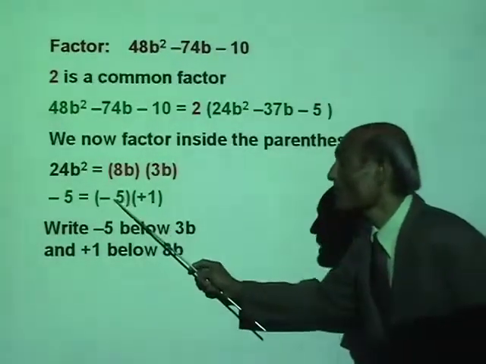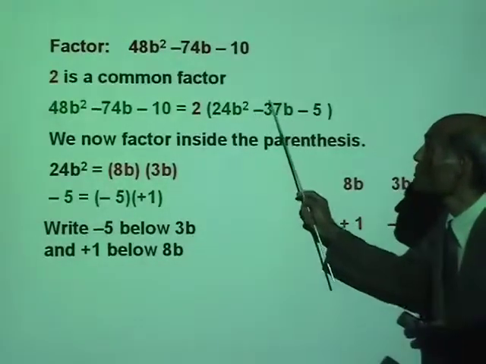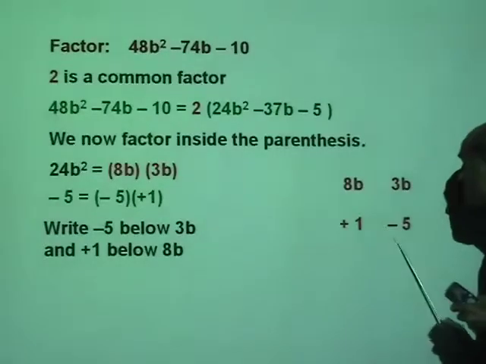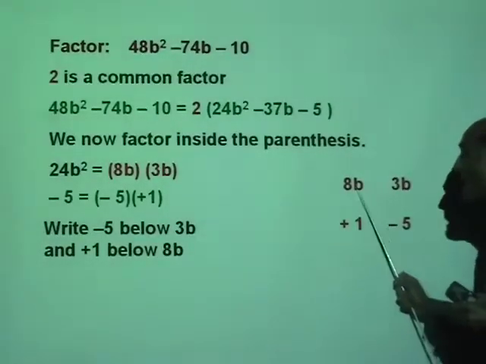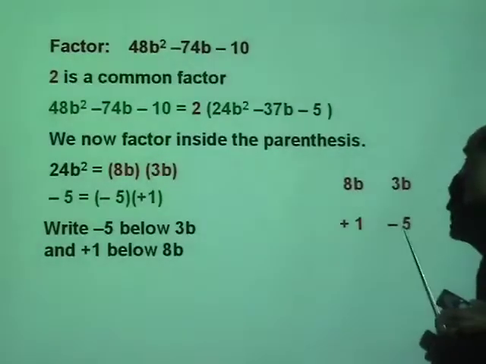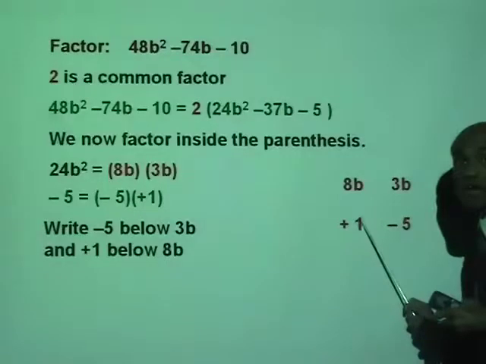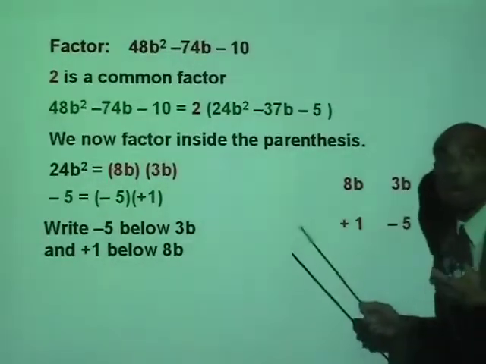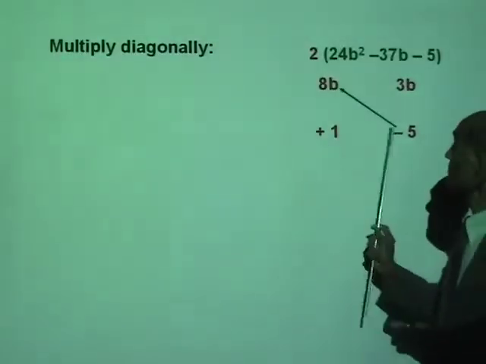And where do I write the negative 5? Keeping in mind we need to produce a big negative number, I write the negative 5 so that it will get multiplied by 8b, giving me negative 40b. And positive 1 will multiply by 3b, giving me a positive 3b. Alright, let's do that.